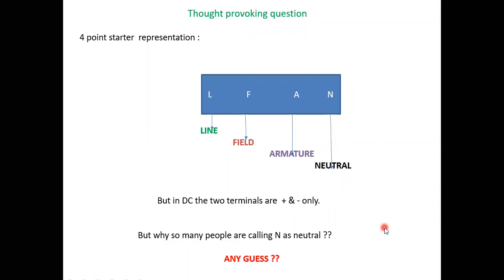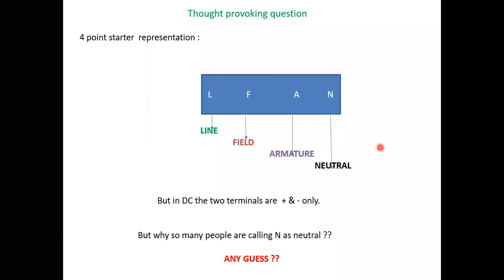Type your response in our chat box. Generally, neutral is present in our AC system. Negative is present in our DC system. Of course, generally outside and in our labs also, so many people use N as neutral.